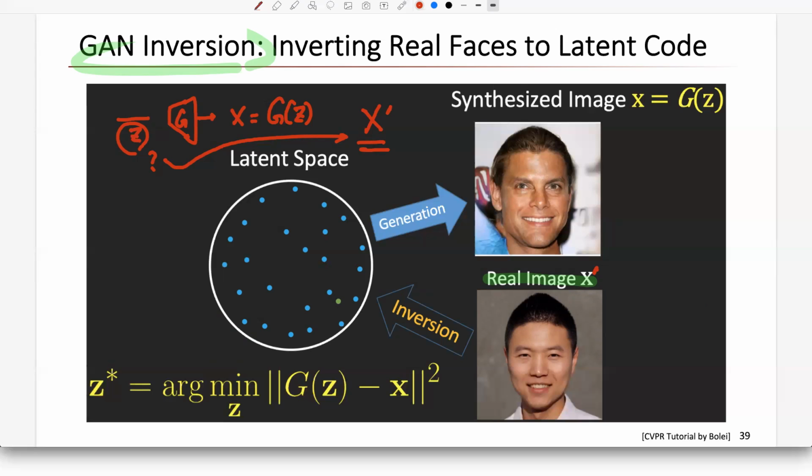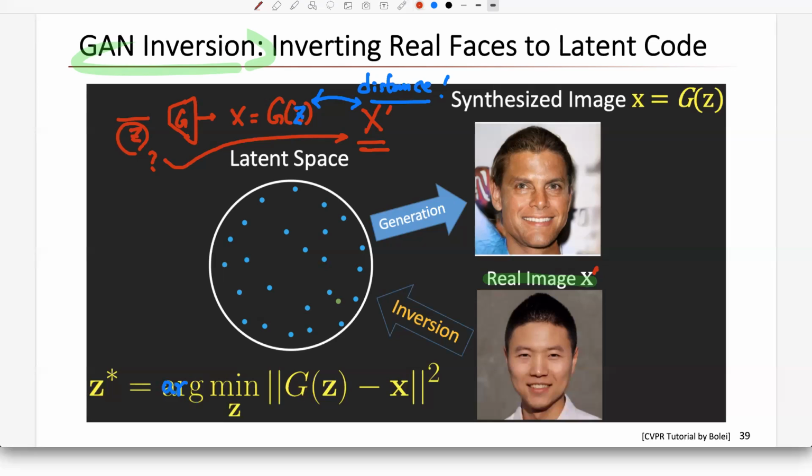Okay, let me think about the objective function. How can you do that? We have to find the z that minimizes the distance between real x and generated x, right? So if we formulate such a relation in a loss function, it can look like this.